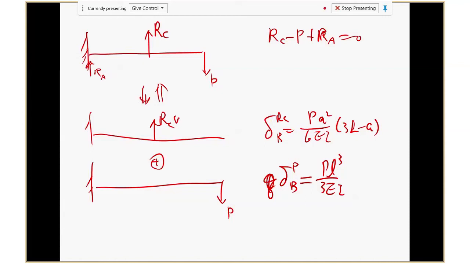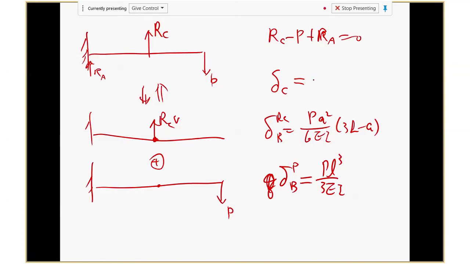I heard something like delta B equals delta C. Okay, what do you mean by delta C? First, what's the definition? Delta C is this point, right? Delta at this point equals what?